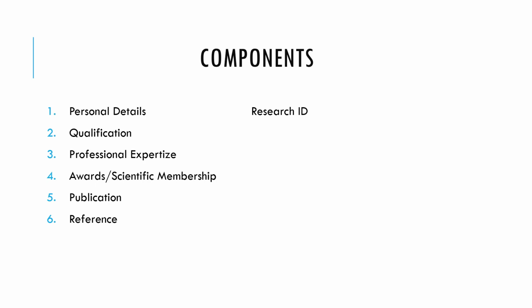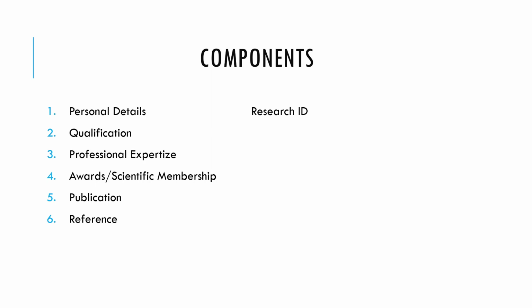The last one is also important: mention at least two references. If you passed out from a college, you must have the contact of a professor, so mention the name, email ID, and designation of that person. If any recruiter wants to interact or investigate about you, that will be the first person the recruiter asks about you.